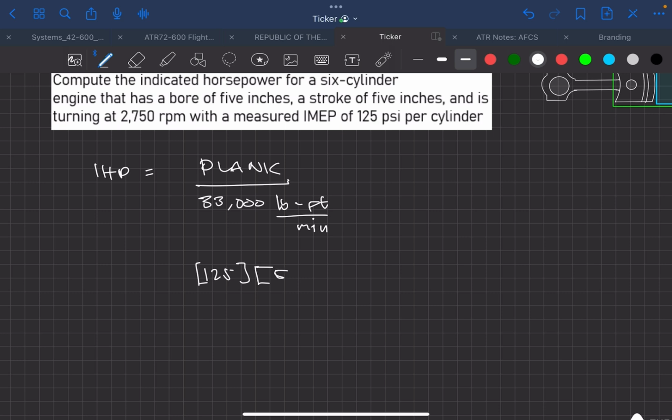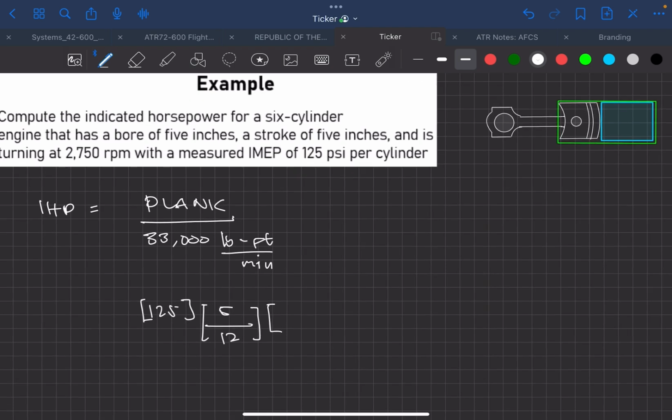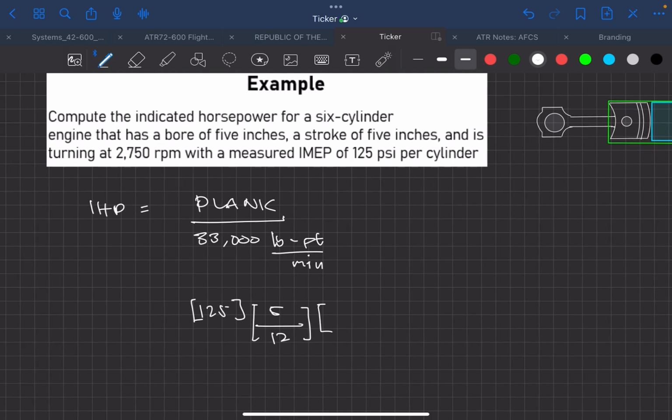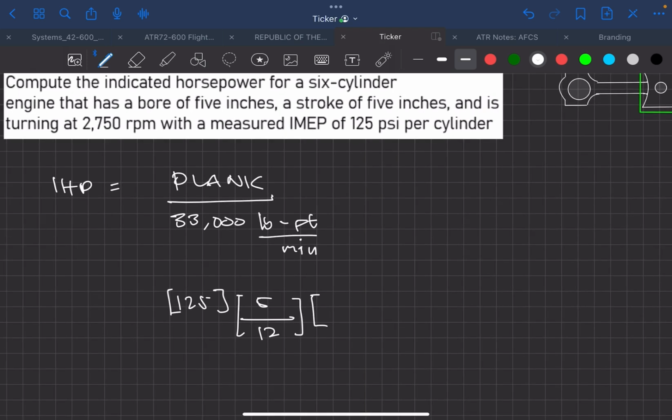Remember, during our dimensional analysis, we have to convert this into feet. And A is given as the area of the piston or the bore of the piston, which, since it is assumed as a circle at operating temperatures, is given as pi d squared over 4.